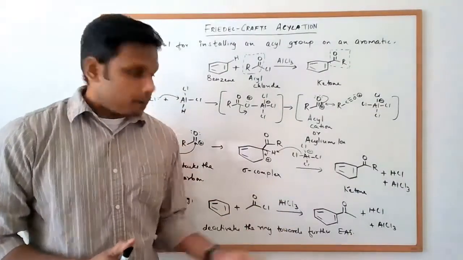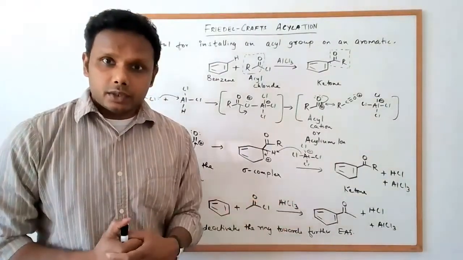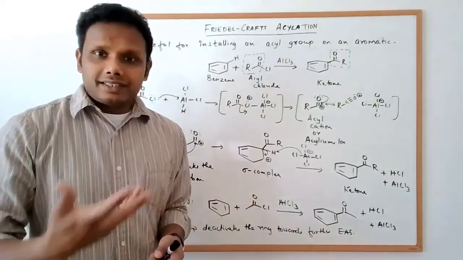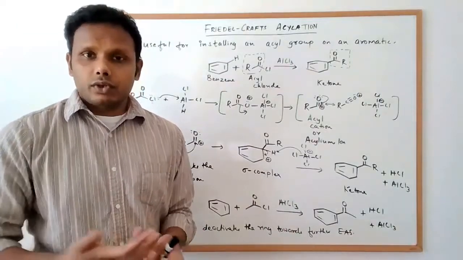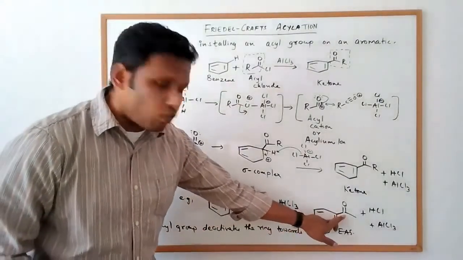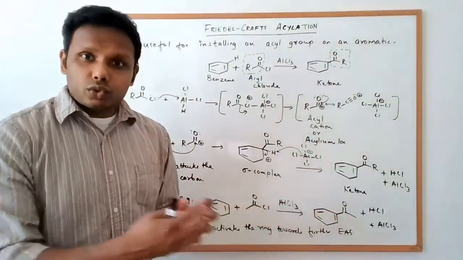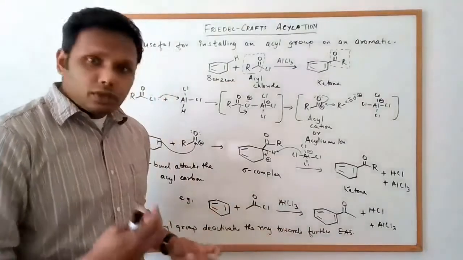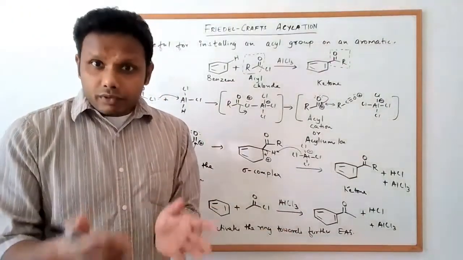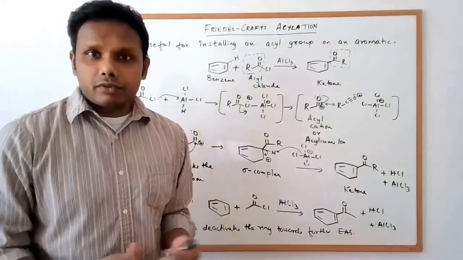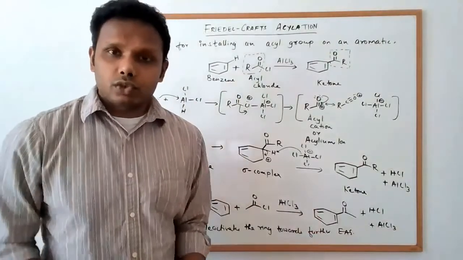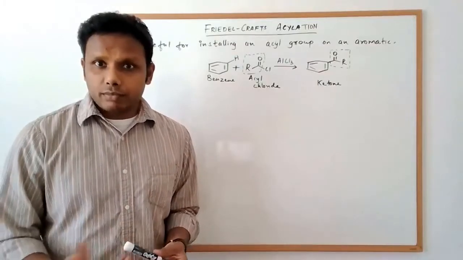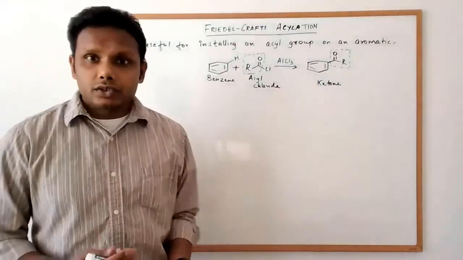So because of that, in case of the Friedel-Crafts acylation, we do not observe polyacylation, because once you've installed one acyl group, it is going to slow down the addition of further acyl groups. So you can prevent the polyacylation from happening because it is going to be a much slower process here.